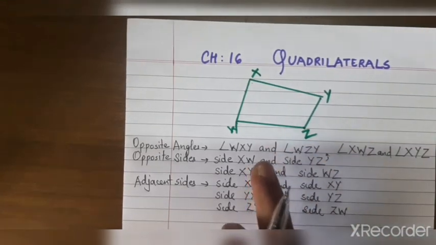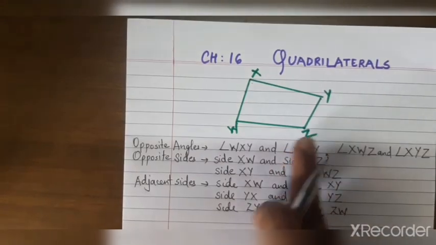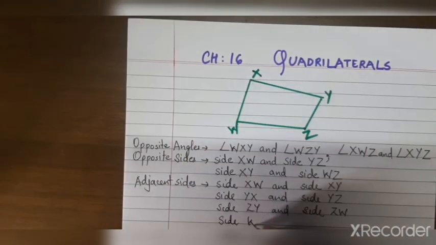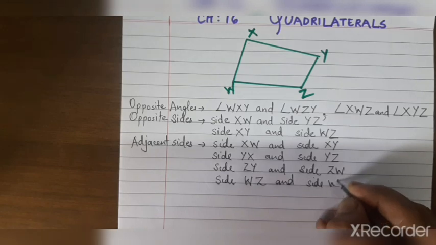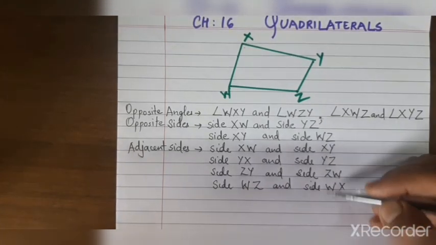If you go in a proper series, you will never make a mistake. We finished X, Y, Z. Now come to W, WZ and WX. 4 pairs of adjacent sides.